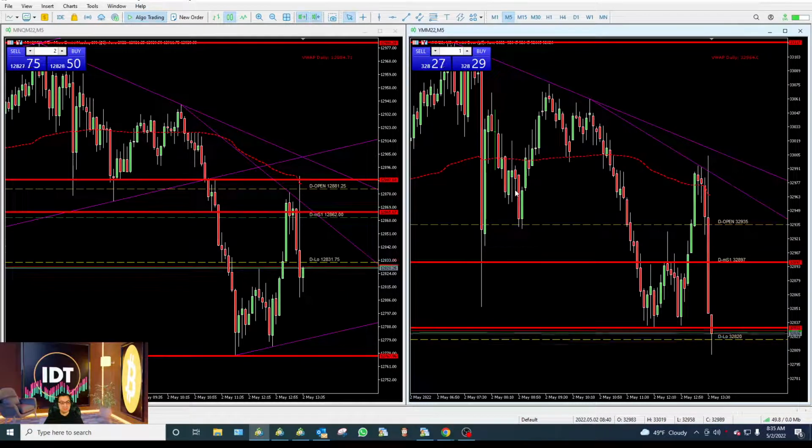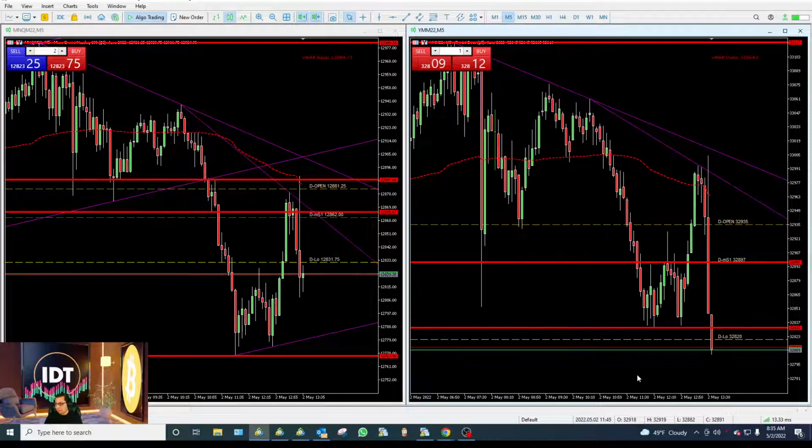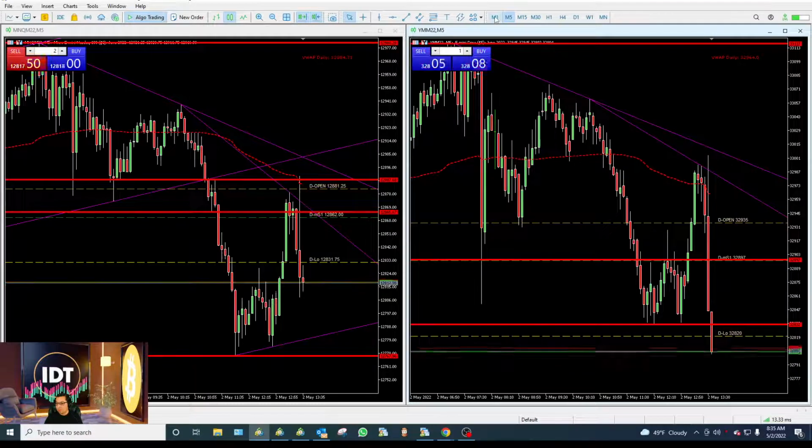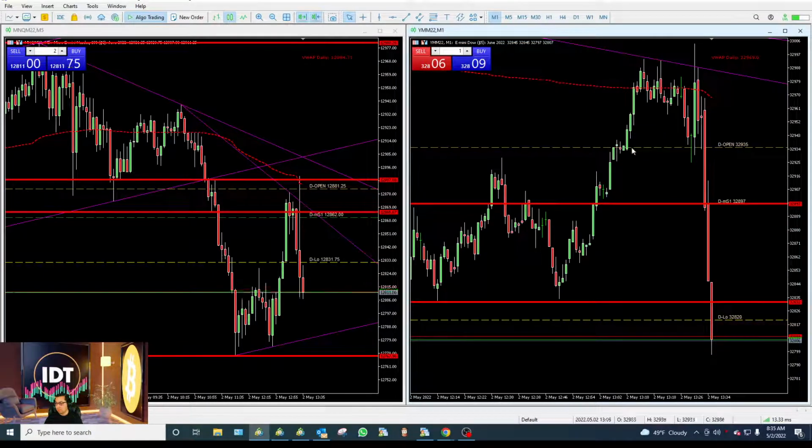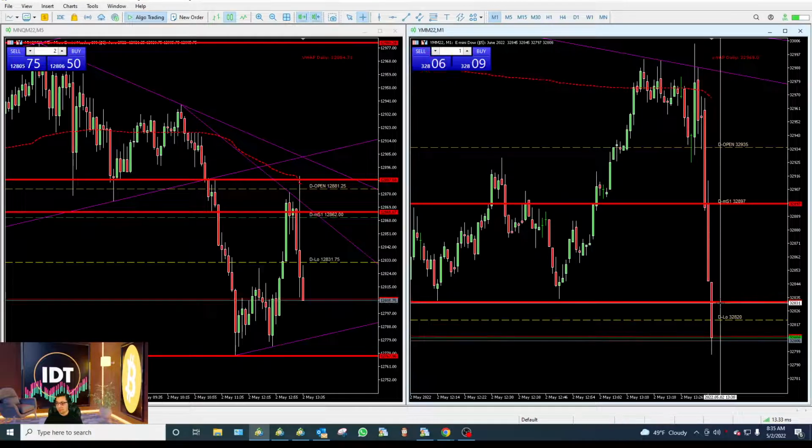Nice drop on the Dow. All right, let's go back to the 1 minute. Let's look at the 1 minute on the Dow as we think the overnight low. See if we come back, retest.